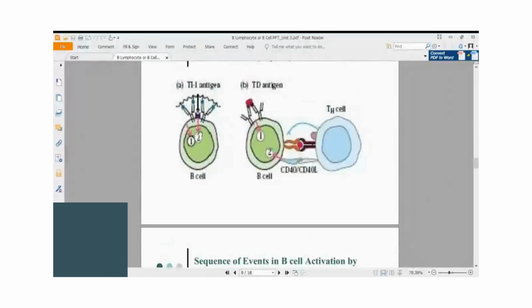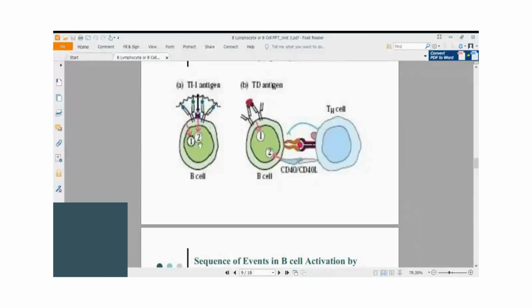When it is getting activated with an antigen which is thymus independent or T cell independent antigen, at that time that IL-7 comes and binds to that receptor and gives the second signal. And that signal 2 is more powerful than the signal produced by the IgM molecule, signal 1.